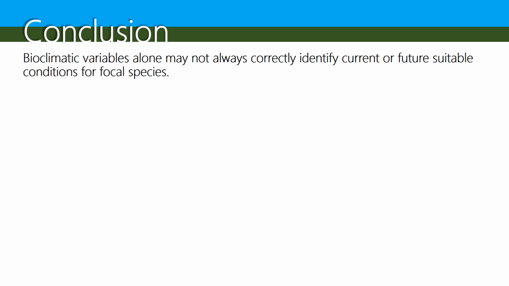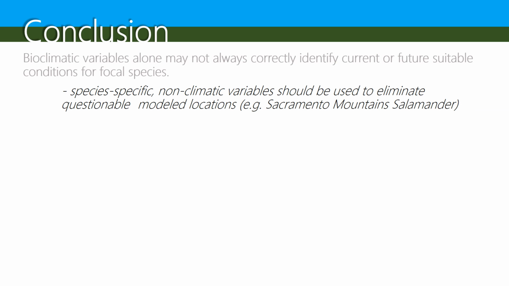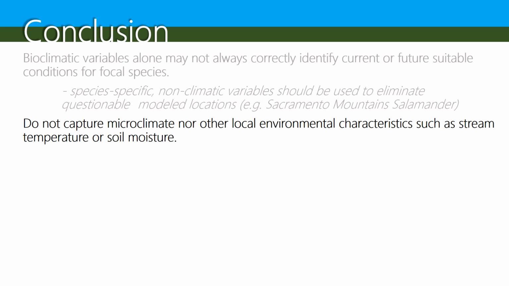In conclusion, this study looked only at the effects of climate on the species. However, we think that the bioclimatic variables alone may not always correctly identify current or future suitable conditions for the focal species. It would be better if species-specific non-climatic variables were used to eliminate questionable model locations.